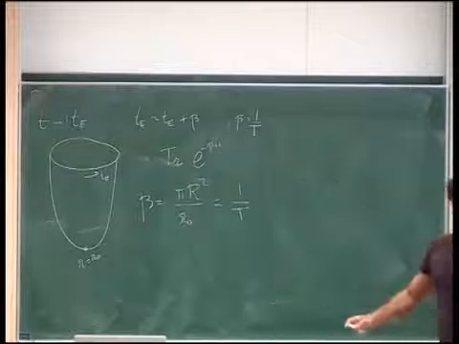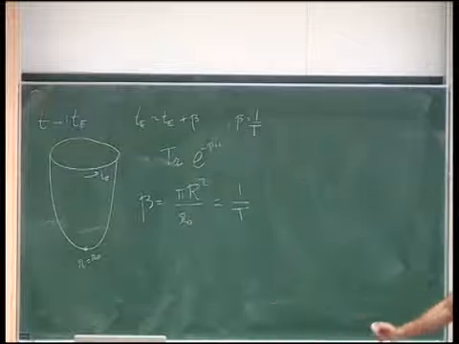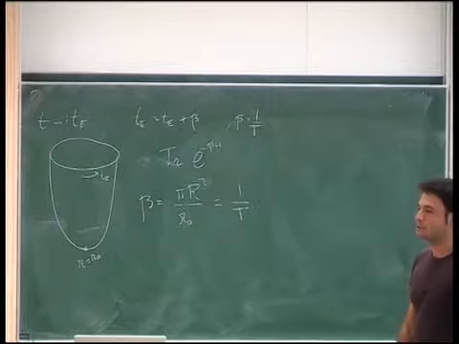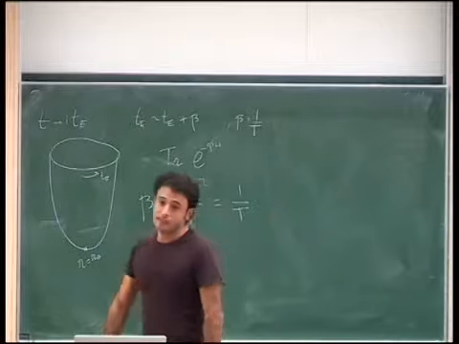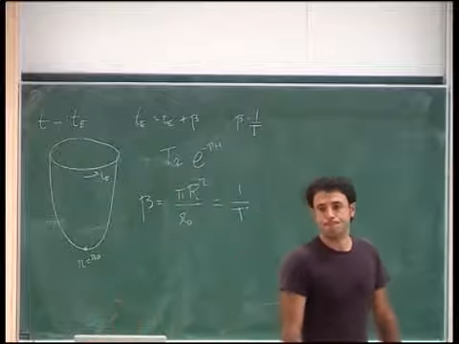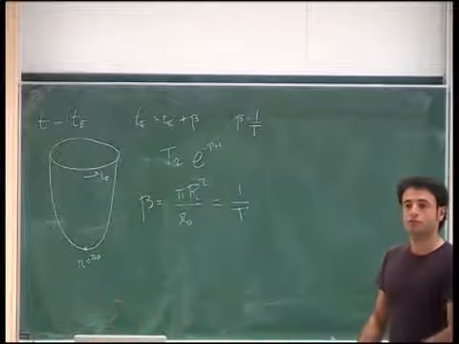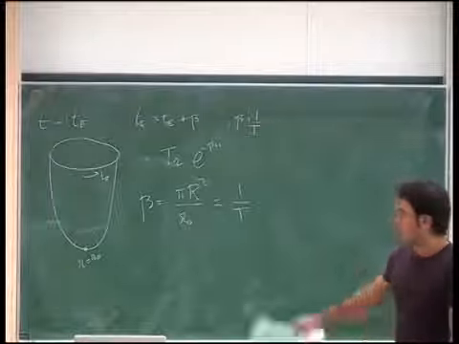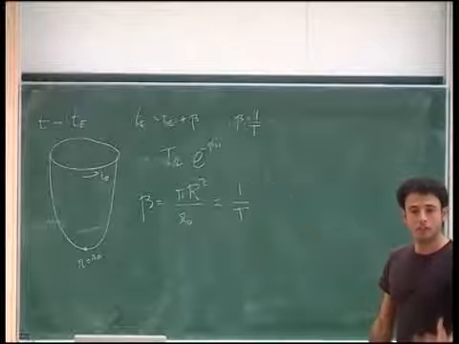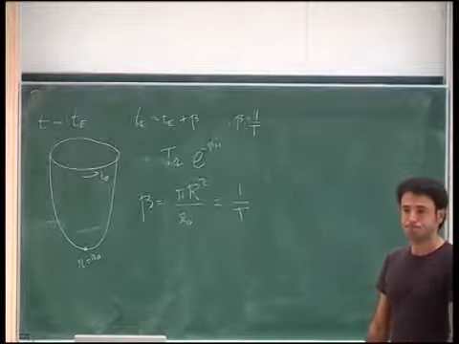So the first calculation that I'm not going to do, that's a very simple exercise, and I think you have actually seen it before in some of the lectures, is to use this metric to calculate the entropy density of N equals 4 super Yang-Mills at finite temperature and strong coupling. The supergravity description is good at large N and strong coupling.